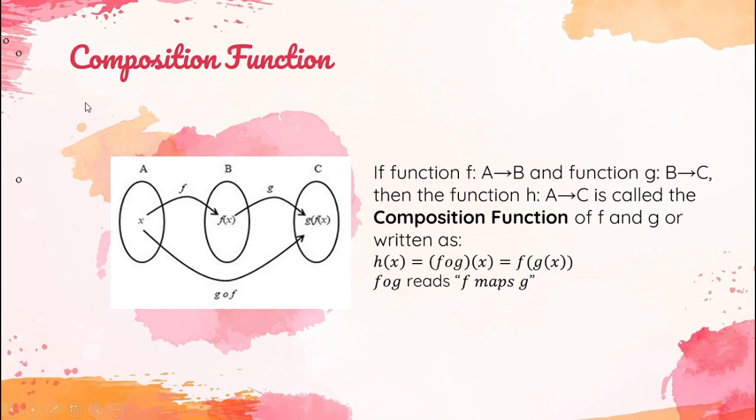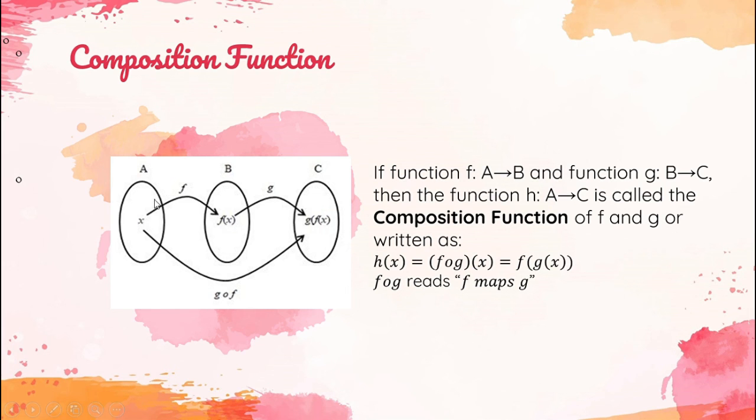Next, we have the composition function. If function f: A to B and function g: B to C, then the function h: A to C is called the composition function of f and g, written as (f∘g)(x) = f(g(x)). So we read it as f maps g, and this is the example of the composition function.